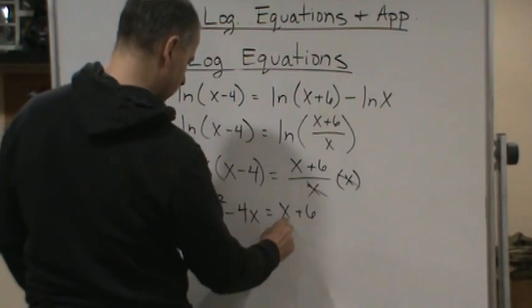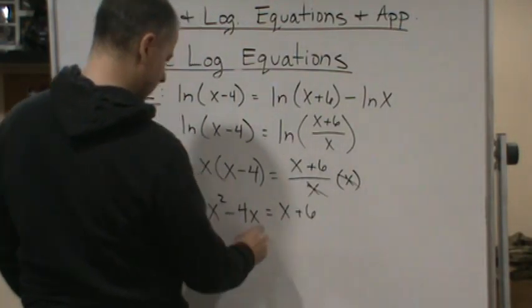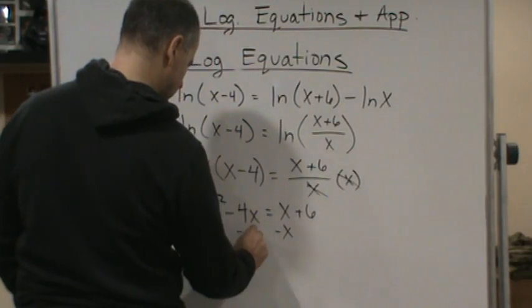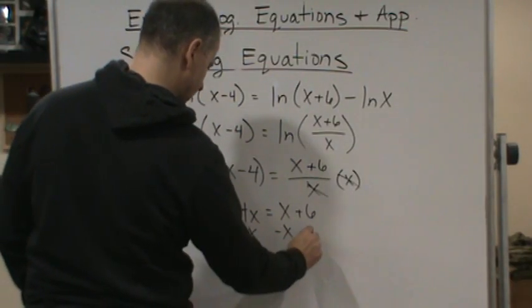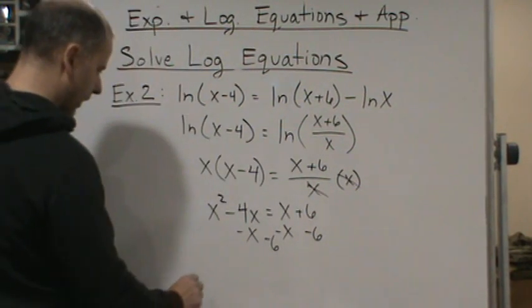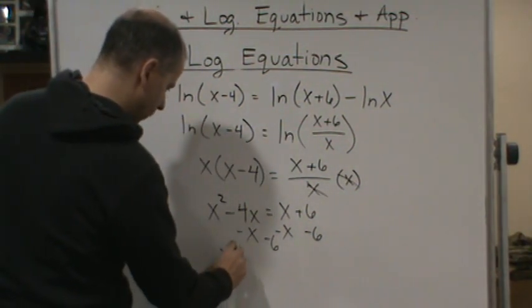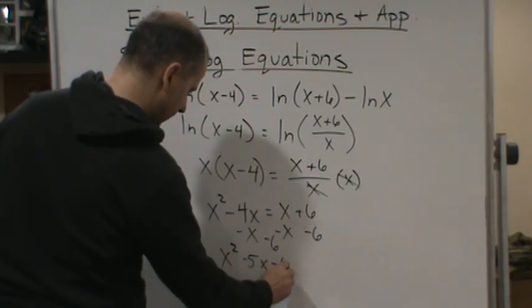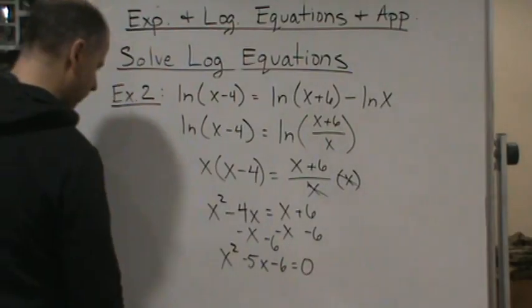And now what I'm going to do is just move everything over because I've got a quadratic here, it looks like. So I'm going to subtract x from both sides, subtract 6 from both sides. And so I get what? I get x squared minus 5x minus 6 equals 0.